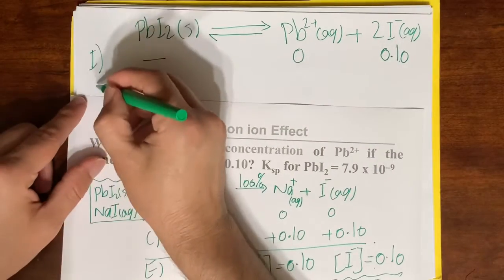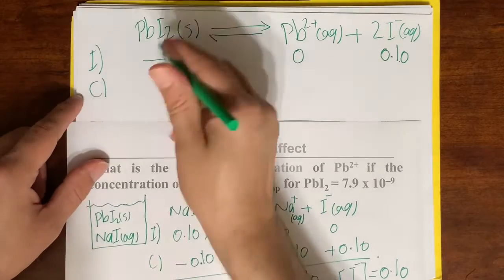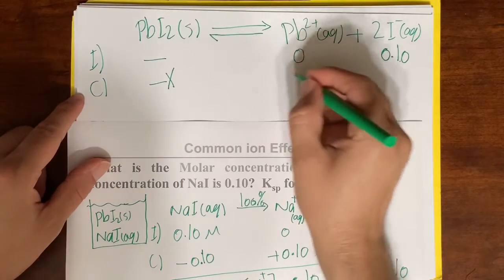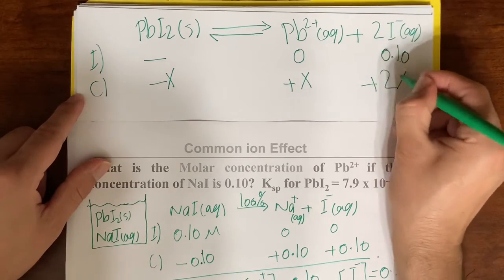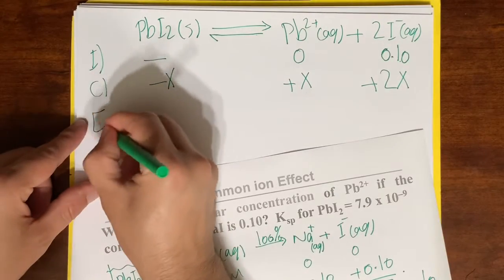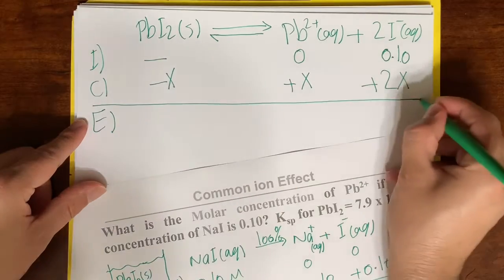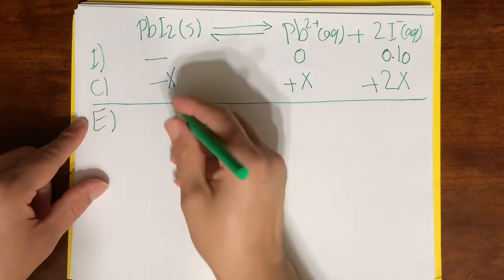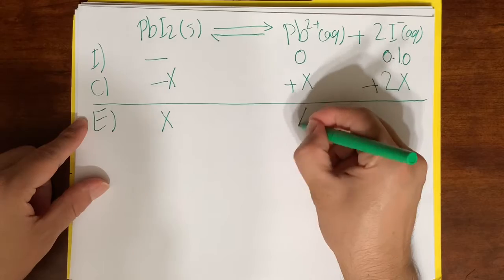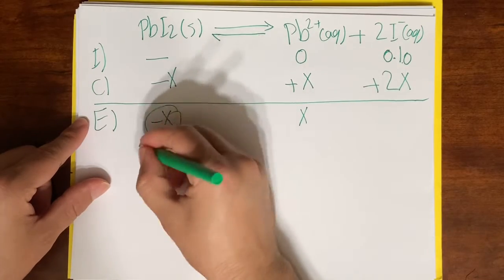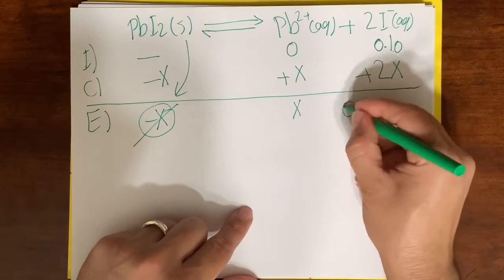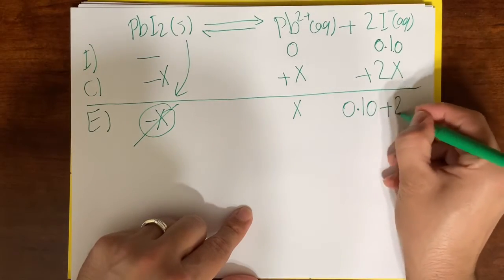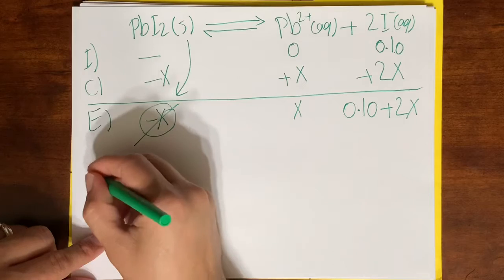Now we might get something from lead iodide: minus X, this one plus X, and that one plus 2X. After equilibrium, this one is minus X, which we don't care about because it's solid, that one will be X, and here is 0.10 plus 2X. So now write the Ksp.